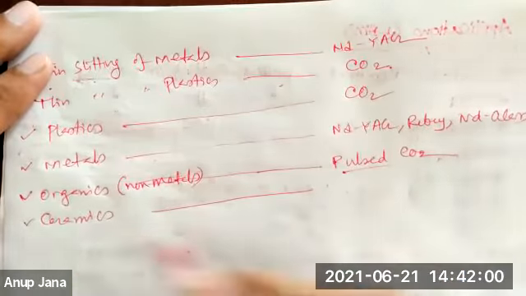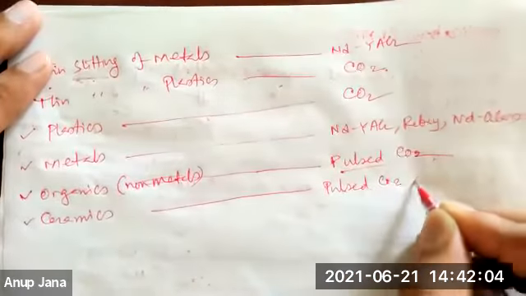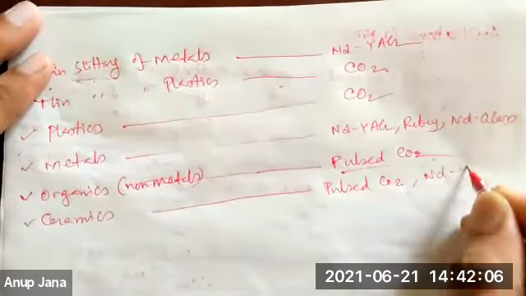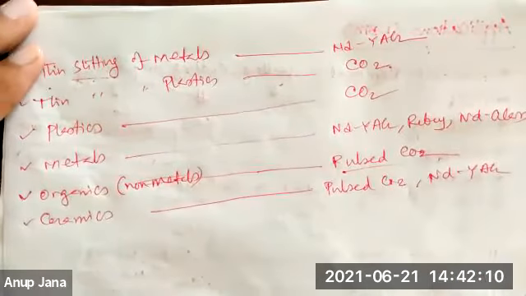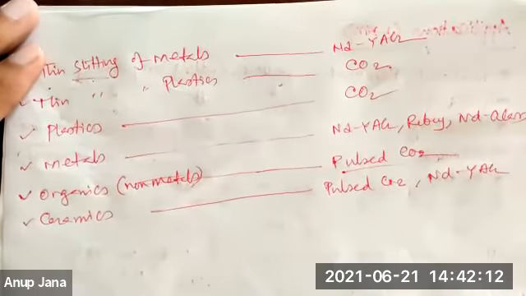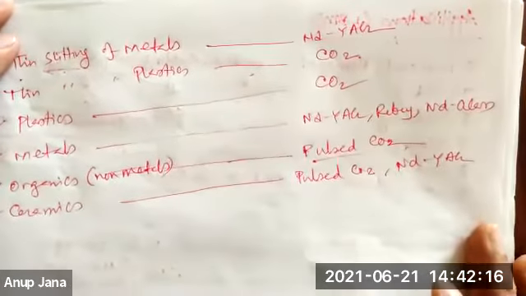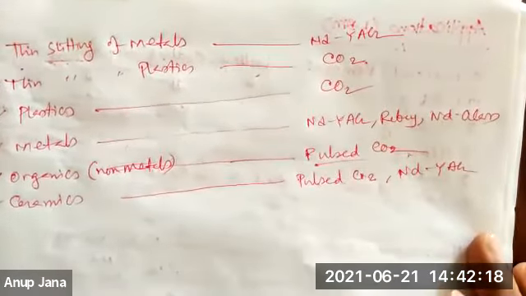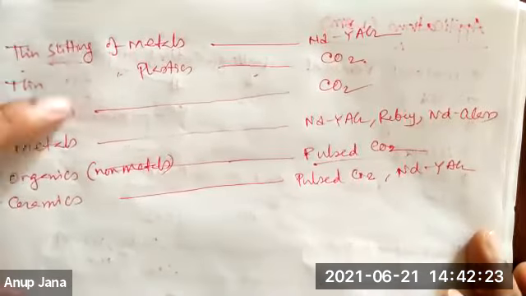In case of ceramic also, we use pulsed CO2 or NdYAG. I hope you have noted everything down. So these are a few applications, and in case of which application, which laser we are going to use, that also I have noted here.